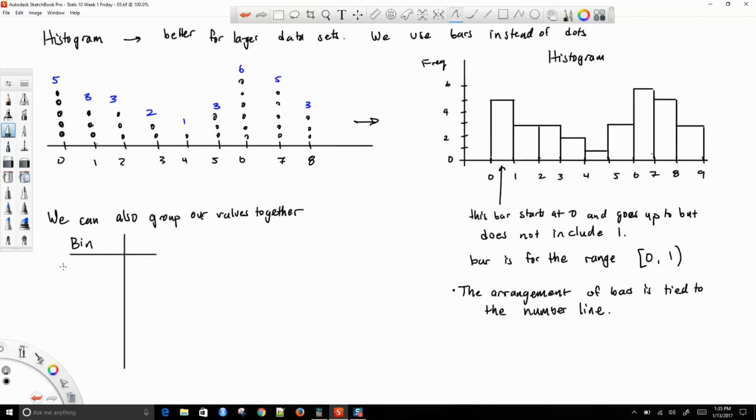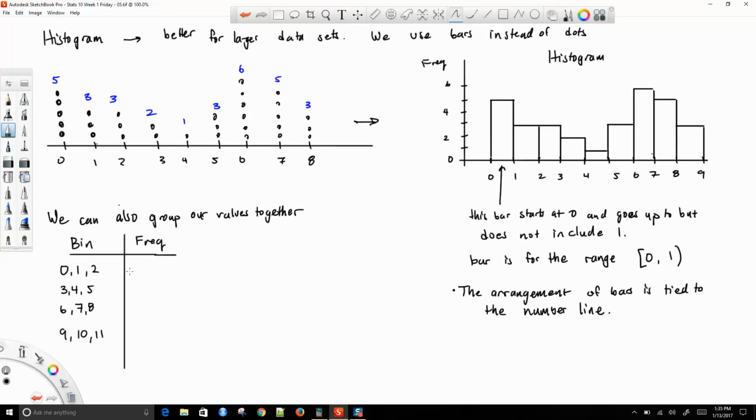Our bins might be 0, 1, 2, and then 3, 4, and 5, and then 6, 7, and 8. Now I've reduced things, and the next bin would go 9, 10, 11, and so on and so forth. All I do is count how many are in each bin.